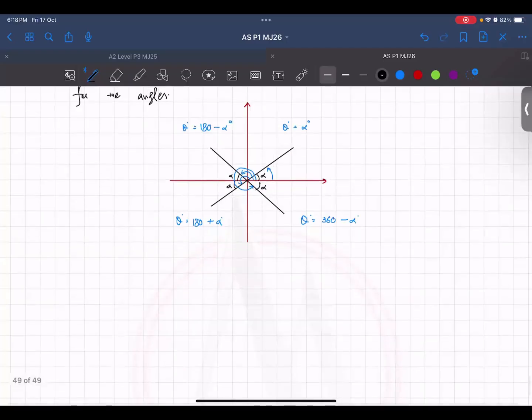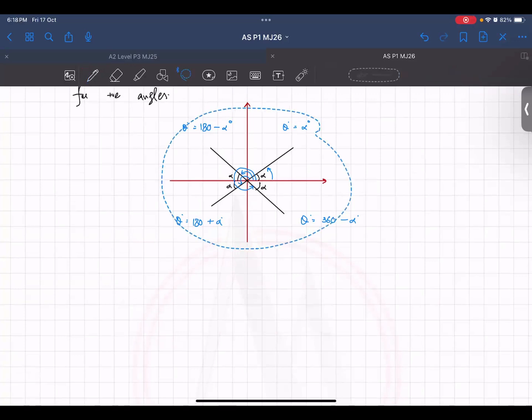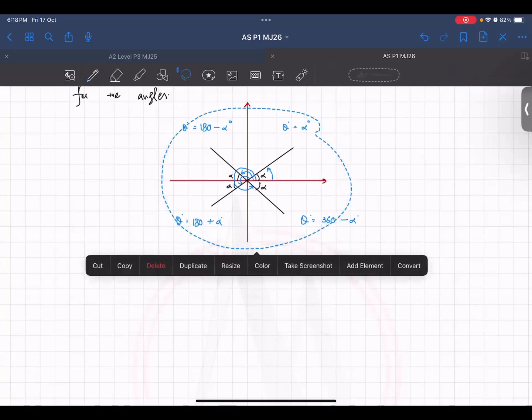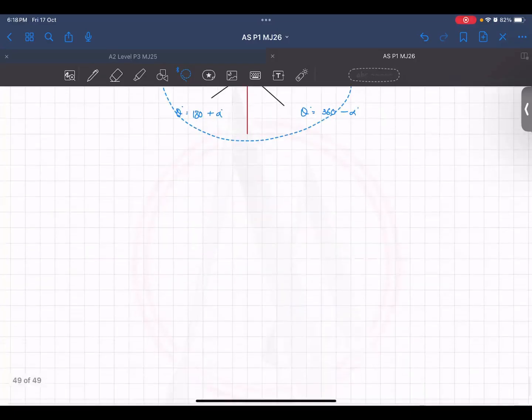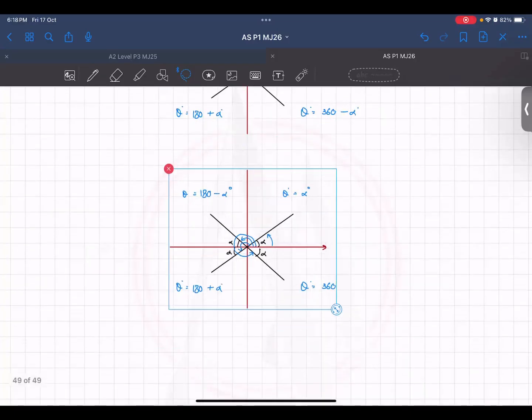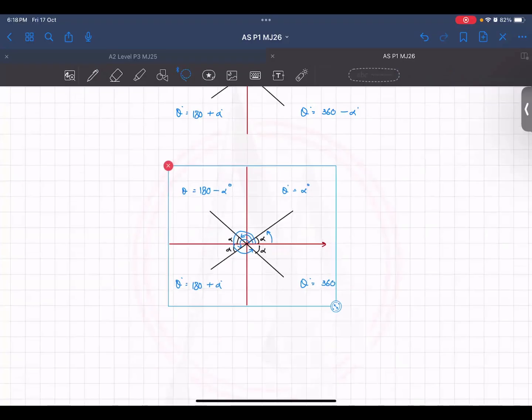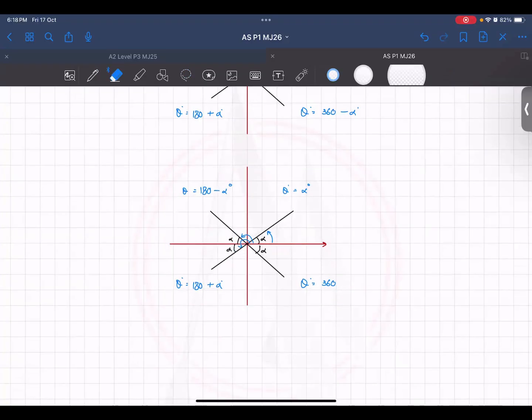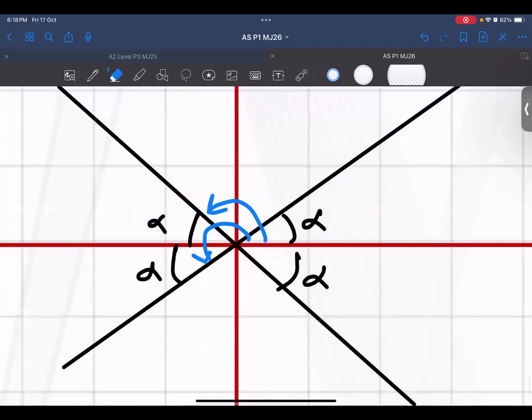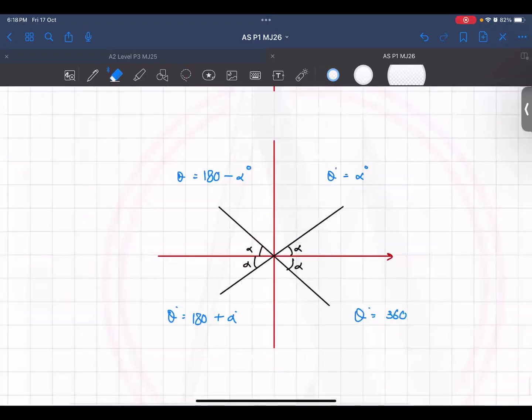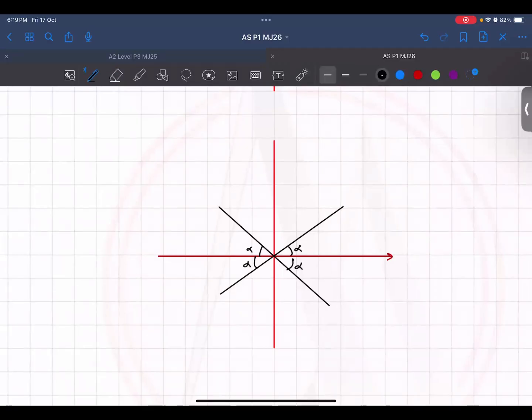For negative angle, what will happen? If you want your theta in a negative angle, your theta is negative.